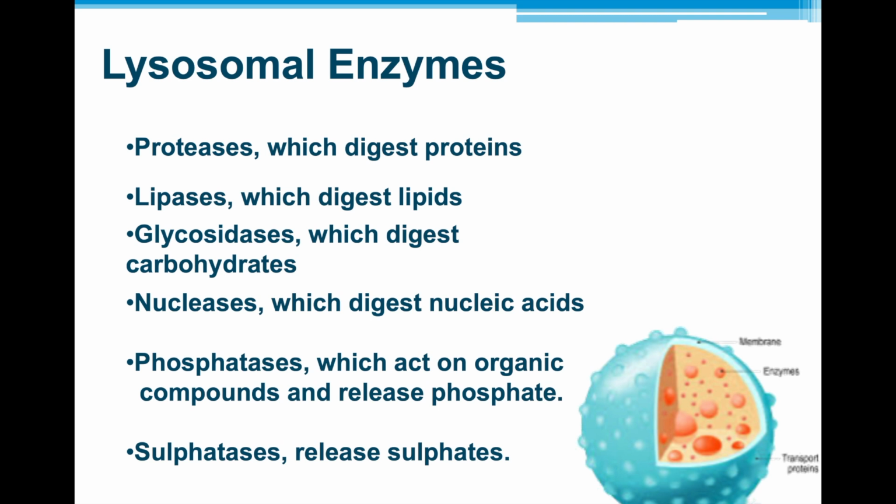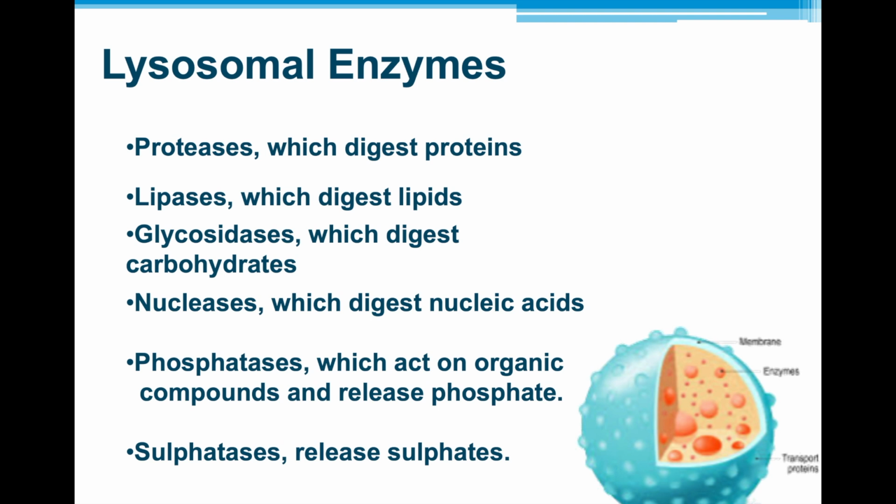So, we can say collectively the group of enzymes is called hydrolases, which cause cleavage of substrates by the addition of water molecules. Most of these lysosomal enzymes function in the acidic medium.